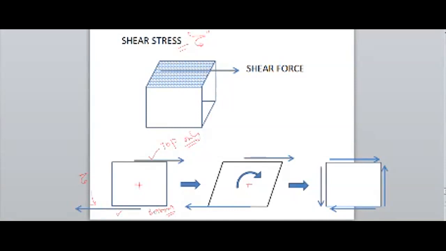But the equilibrium condition is that it should not rotate.